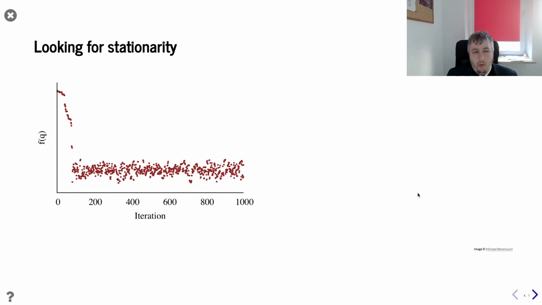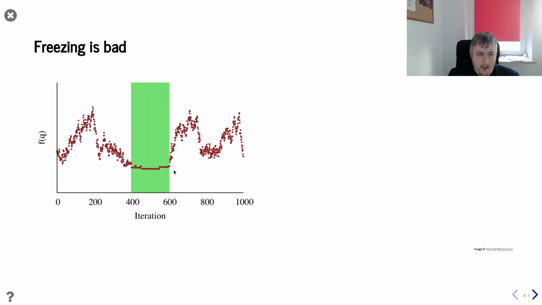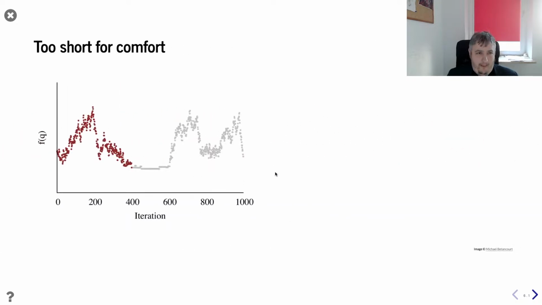Generally, what we want from our Markov chain is stationarity, that we want to see that they start exploring the typical set, which we can observe on the so-called trace plots. In those trace plots, we can also diagnose certain problems, for example freezing, the situation where our samples are stuck in one point and new samples are very closely related to each other.